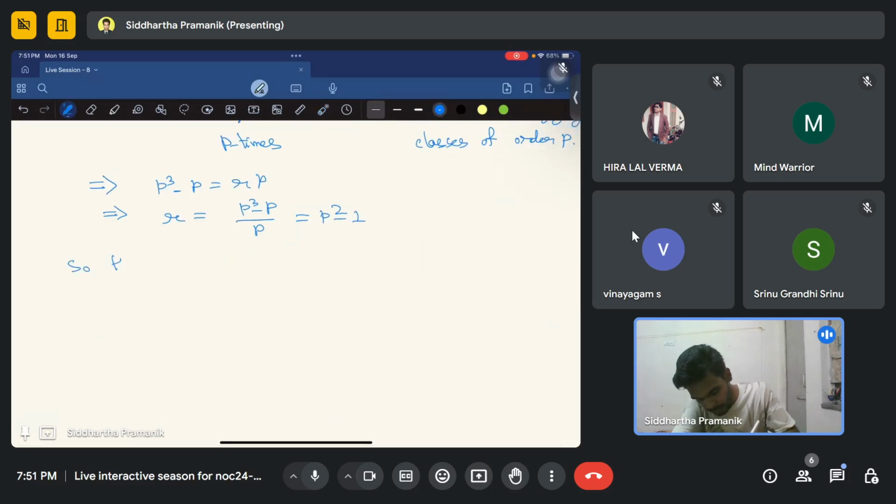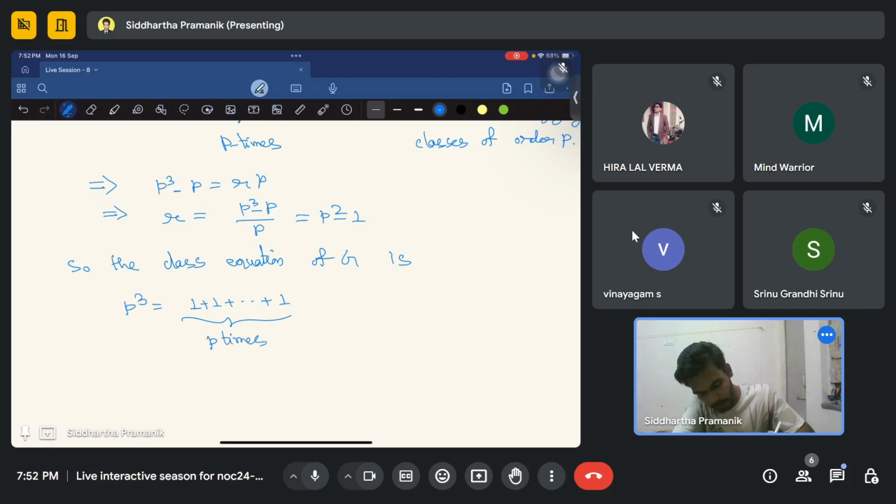So the class equation of G is pq equals 1 plus 1 plus 1, this is p times, and plus p plus p up to plus p, this is p squared minus 1 times.